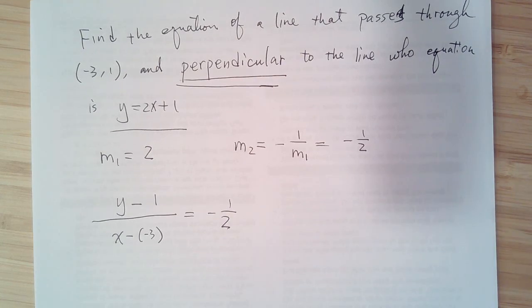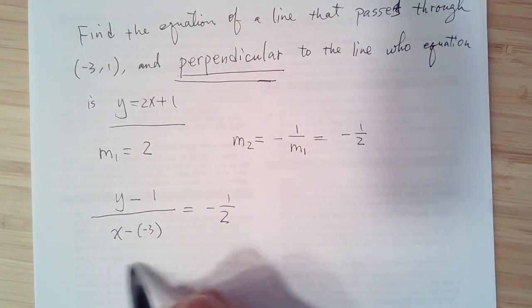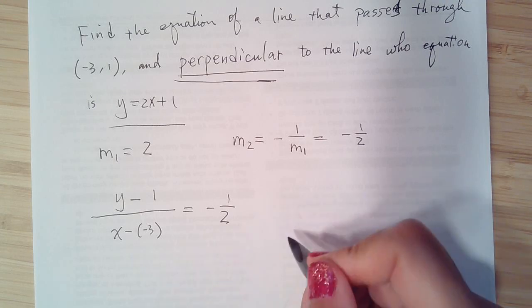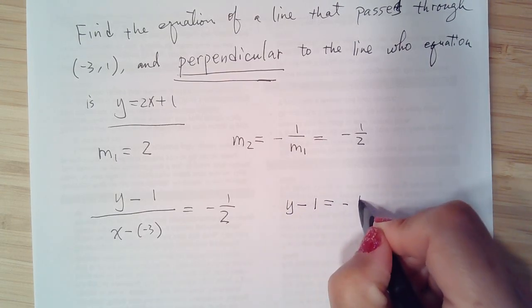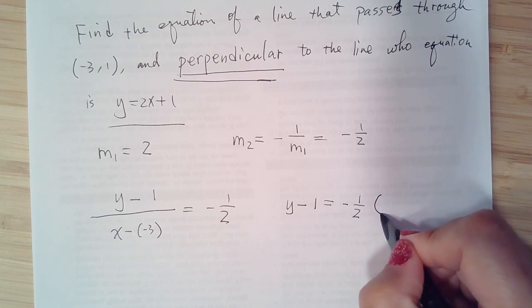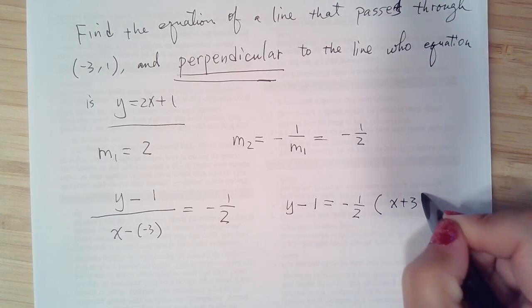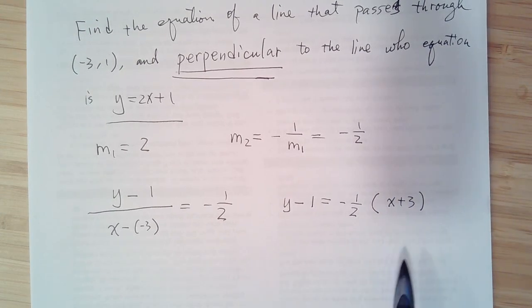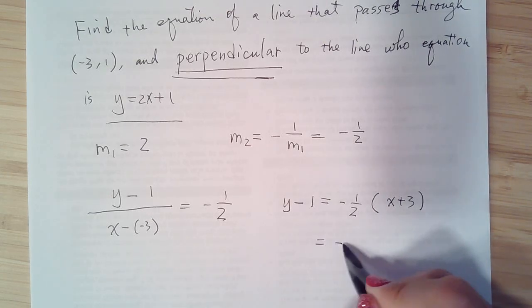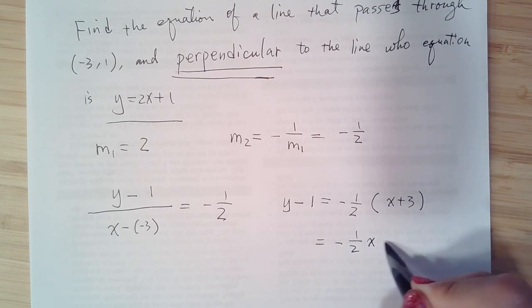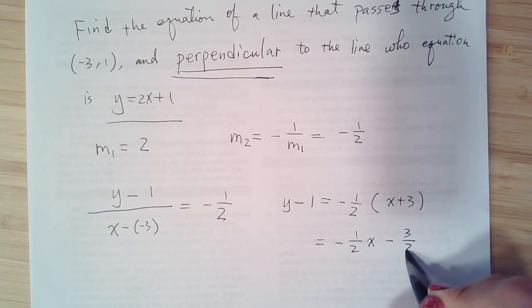-1/2. All right, now this, I multiply by this on both sides, so I get y minus 1 equals -1/2 times x plus 3. Okay, you should be able to know how I get this plus 3, right? Because that's a minus negative. All right, so that's going to be -1/2 x -3 over 2.